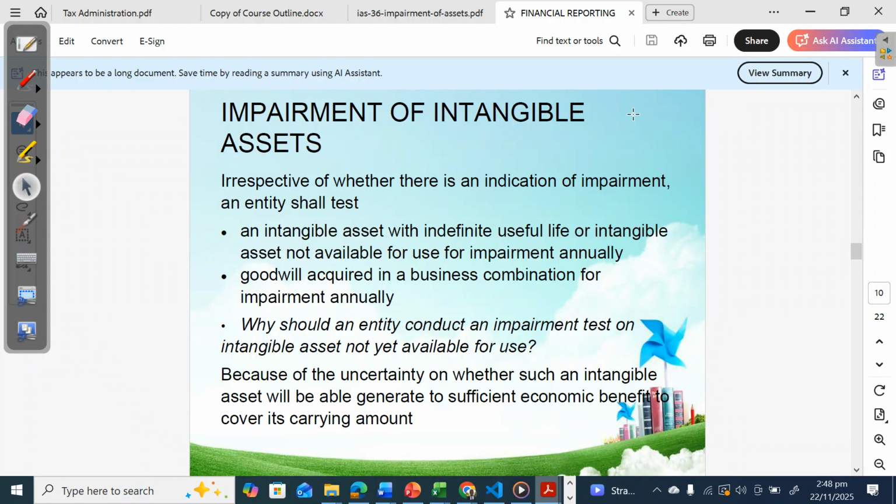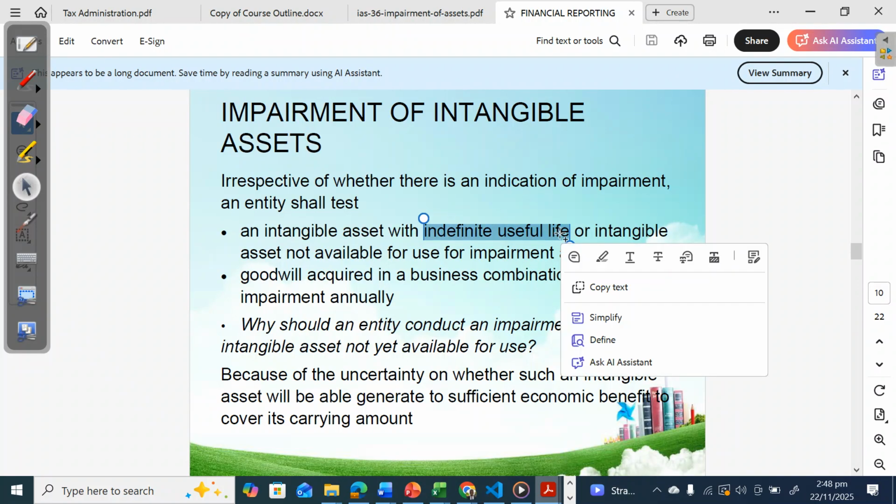But there are also intangible assets that can only be used for the period you purchased it. Maybe if you buy software for 2 years, then the useful life of the software is 2 years. But there are some intangible assets with no expiry dates. In that case, we call that indefinite useful life.